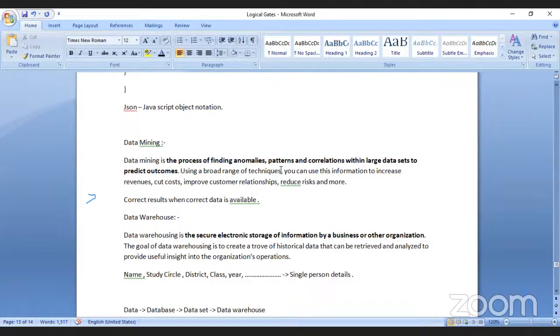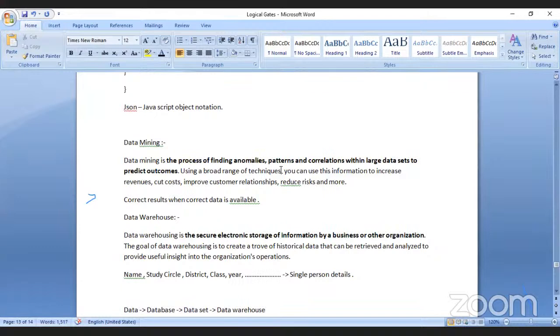For example, if two data sets are there, we have to find the relationship between them. Definitely they have some relationship, and if we find it, we should get accurate predicted results. That is the process of data mining.